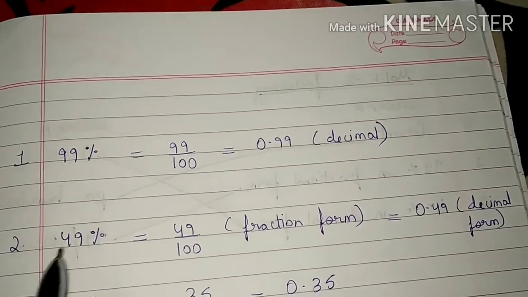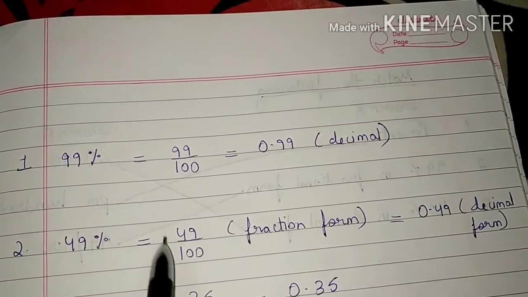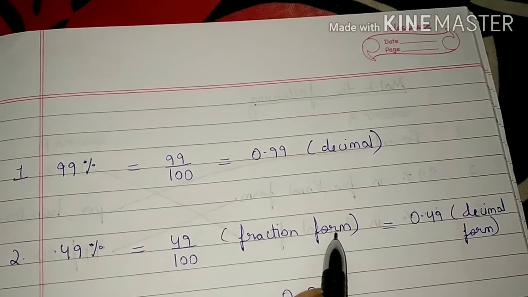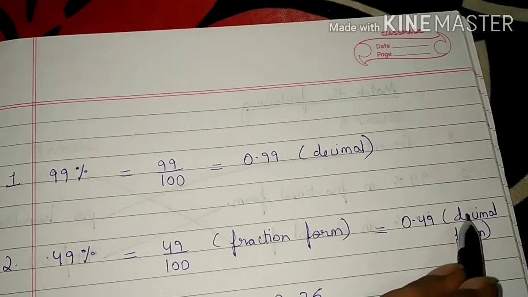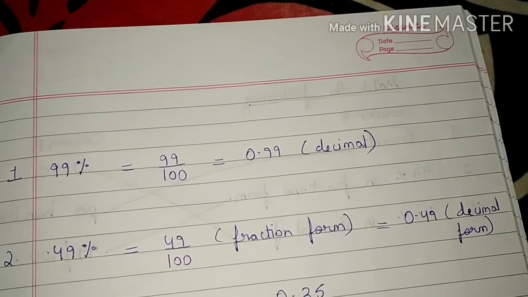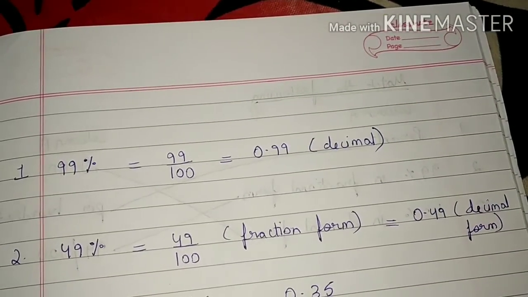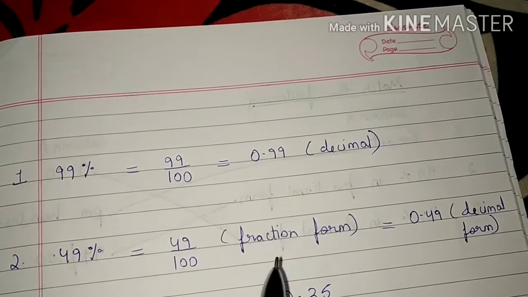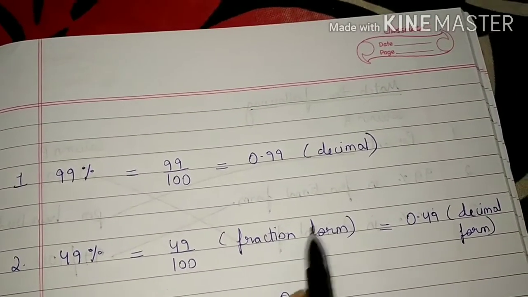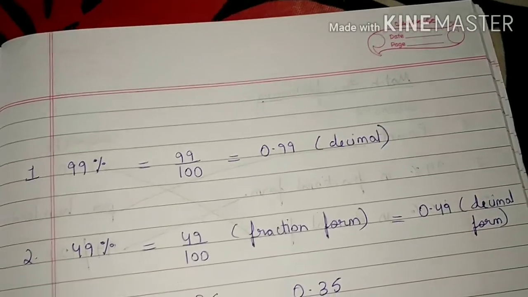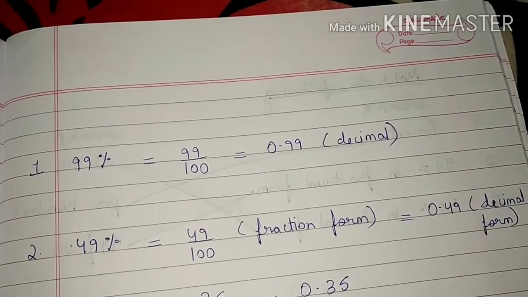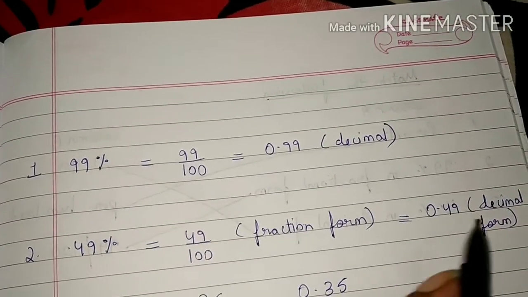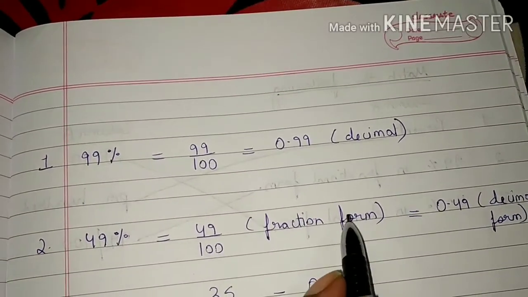Students, 49% can be expressed in fraction form as well as in decimal form. So students, from this point of view, we can say that percent can be expressed in fraction form as well as in decimal form. So, percent can be expressed in more than one form.